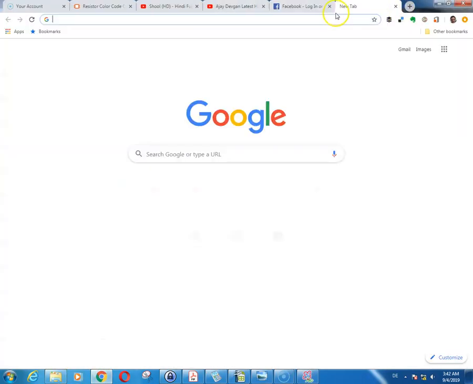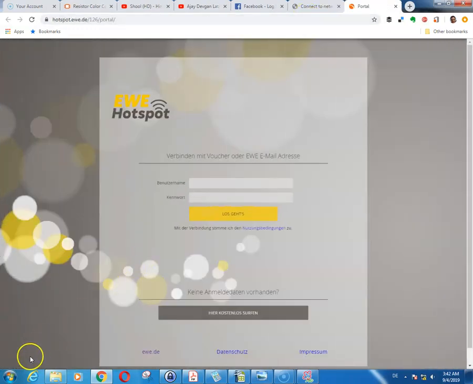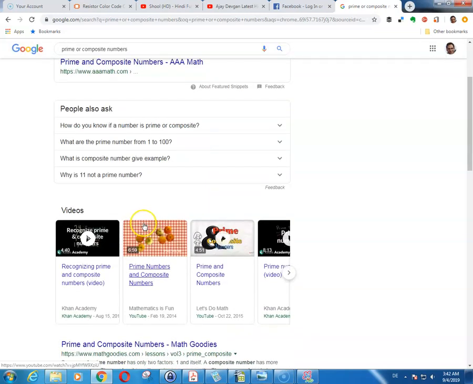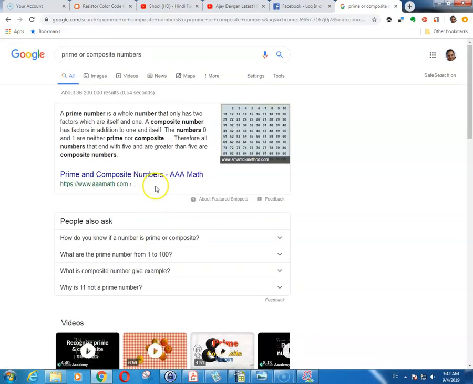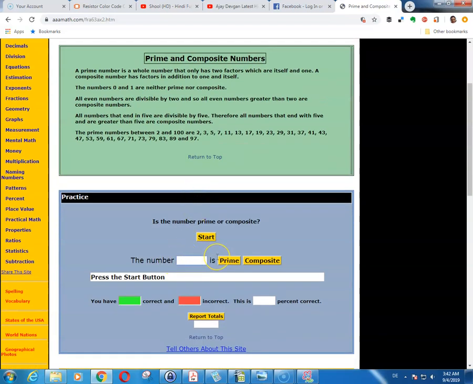You can test whether a number is prime or composite. If you want to know if a number is a prime number or not, you can go to this website and enter your number here. For example, 47, is it prime or composite?